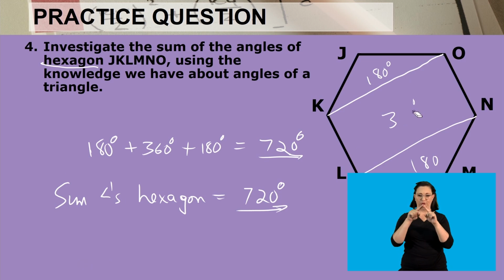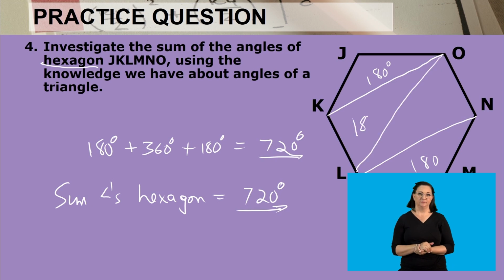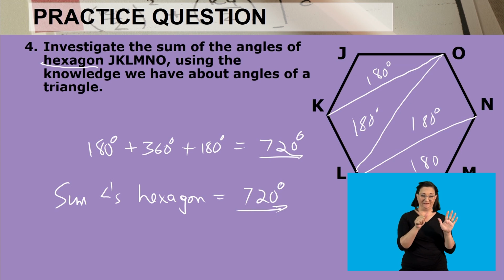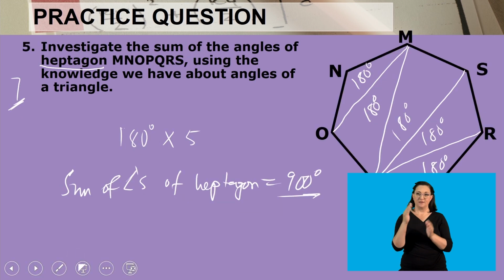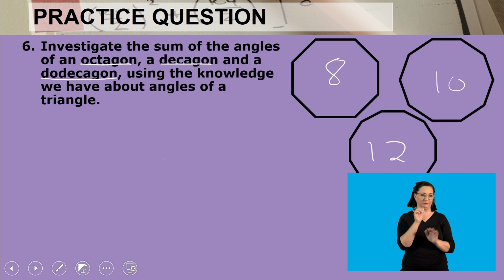Let's divide that into 2 triangles, rub it out, and have 180 and 180. So we have 4 triangles. So out of 6 sides, we have 4 triangles, and out of 7 sides, we have 5 triangles. So then it shows that out of 8 sides, we're going to have 6 triangles.